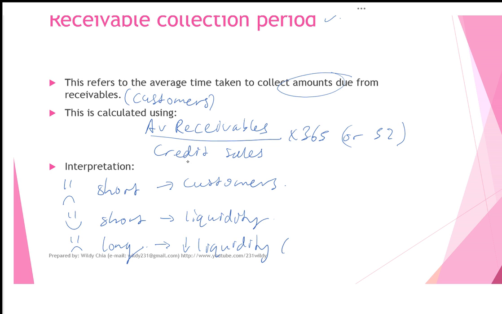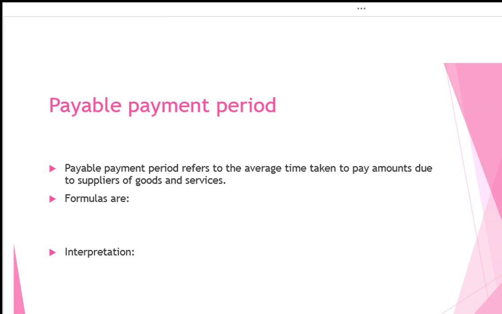And not only that, the risk of bad debts is also higher, right? The longer the customers take to pay, there is also a higher risk that they may not pay up, right? So there are of course other ways to look at short or long collection periods.